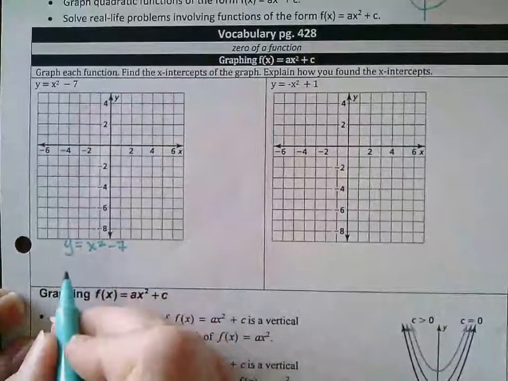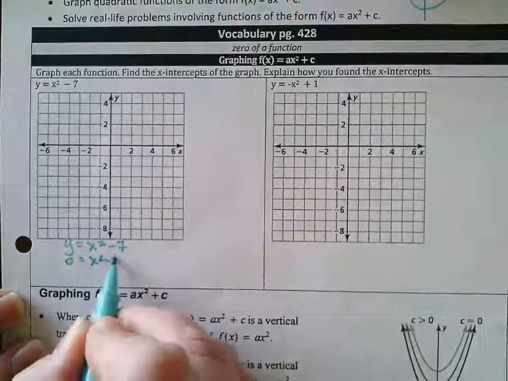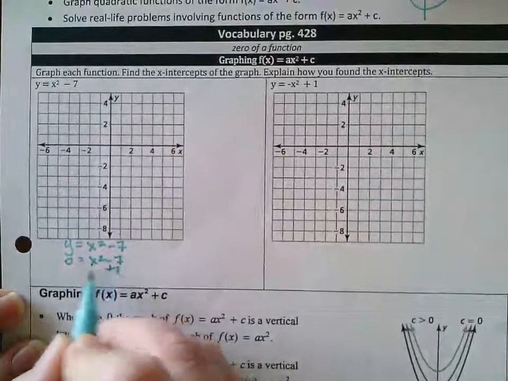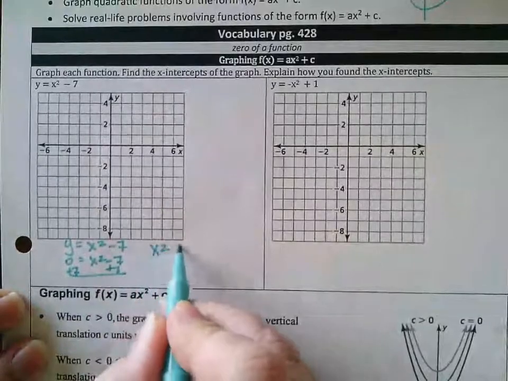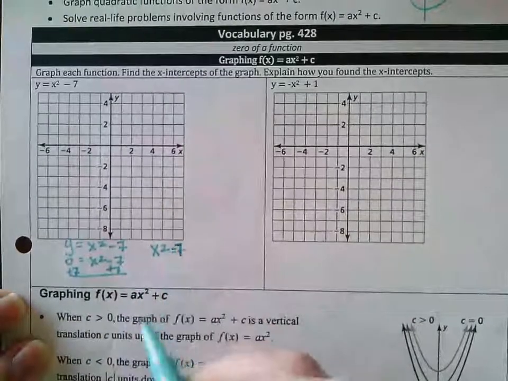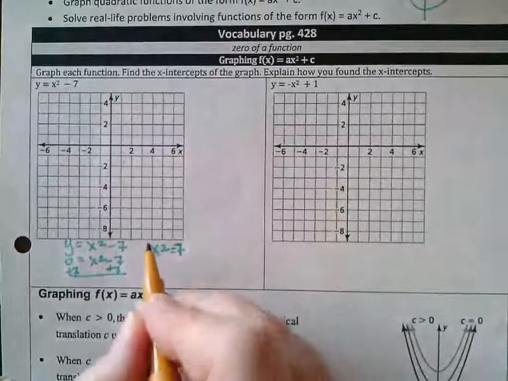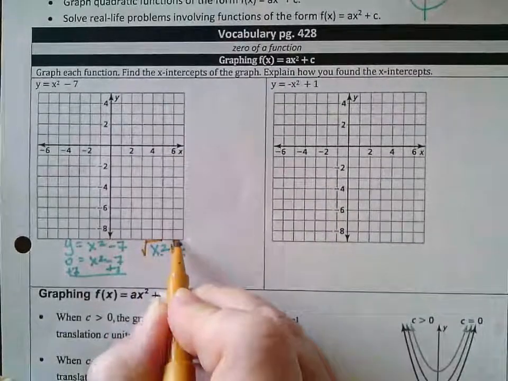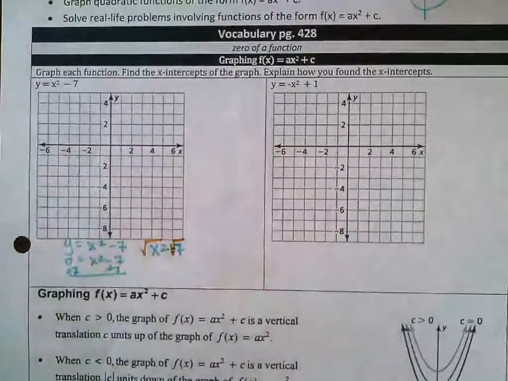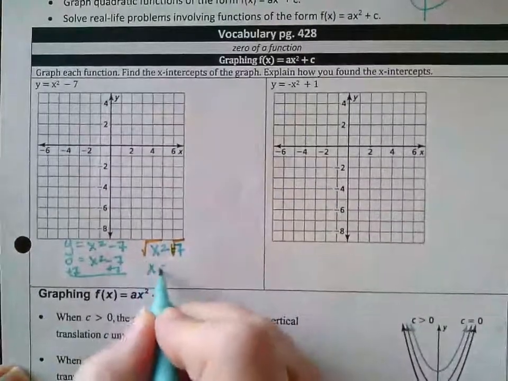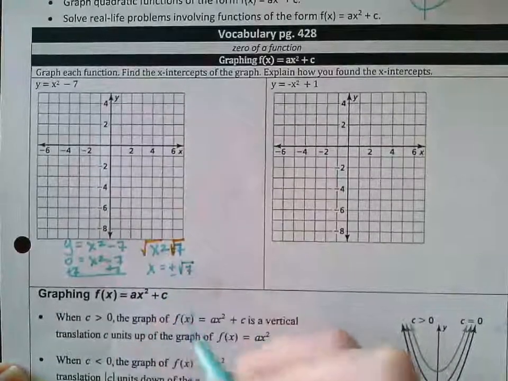So if you have this equal to 0, now I can just add 7 to both sides, and I get x squared equals 7. Anytime you're trying to undo a square, you take the square root. So x equals plus or minus the square root of 7.